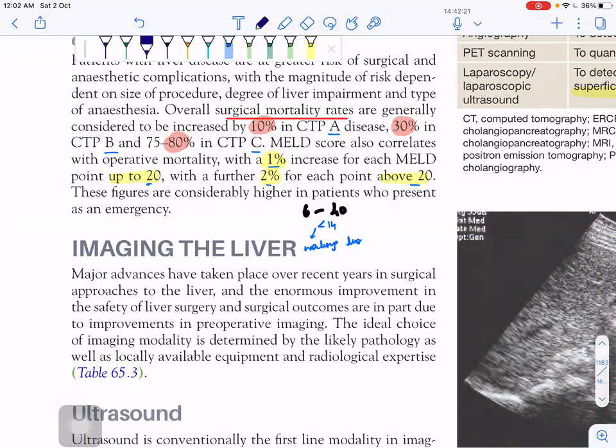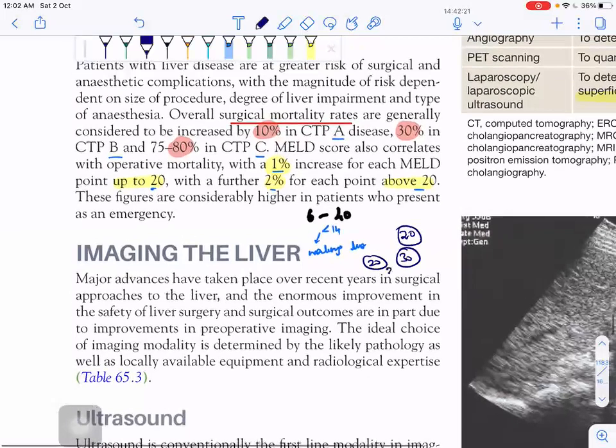So if the MELD score is 20, mortality is 20%. If they ask about a MELD of 30, up to 20 you take 20%, then for the next 10 points at 2% each, another 20. So total 40% risk. Above 20, there is a 2% increase per point.